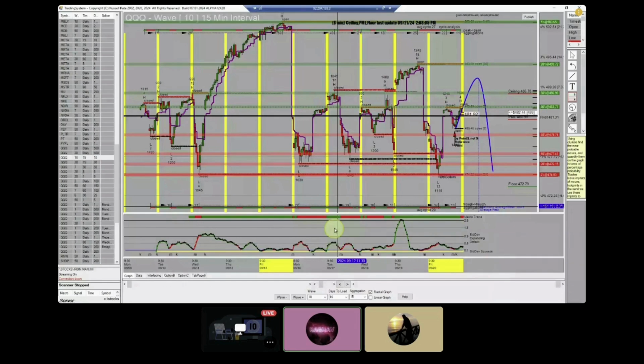Now, here you saw that the standard deviation was flat, which means we saw consolidation here. Same right here: standard deviation flat, we saw consolidation.